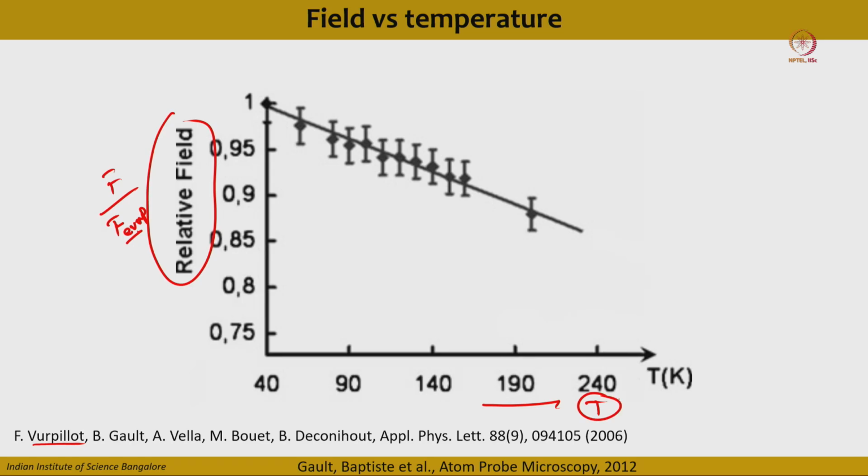As the equation says, F divided by FEVAP can be written as 1 plus kBT by theta 0 ln of EVAP divided by mu naught.